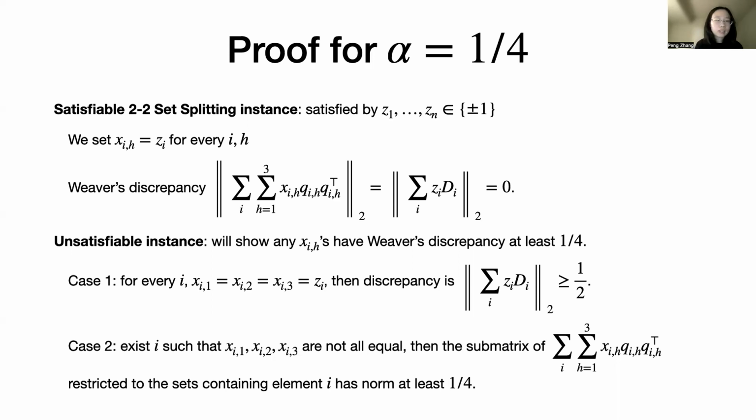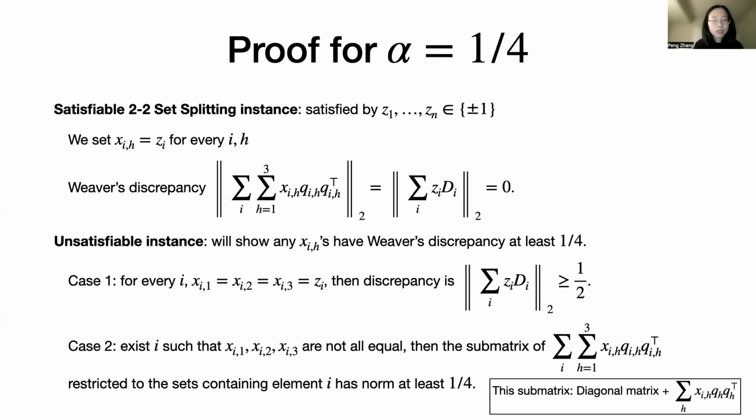Okay, in the second case, there exists some i such that the 3 signs x_i1, x_i2, and x_i3 are not all equal. Then we look at the submatrix of the sum of x_ih q_ih q_ih transpose restricted to the sets that contain element i.